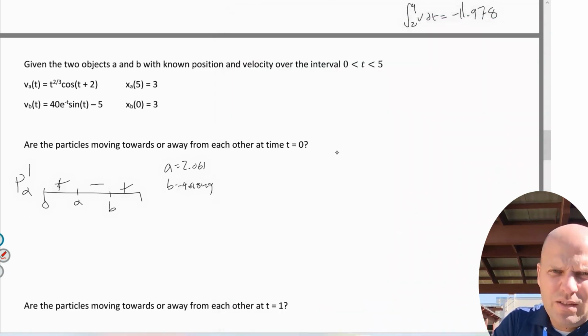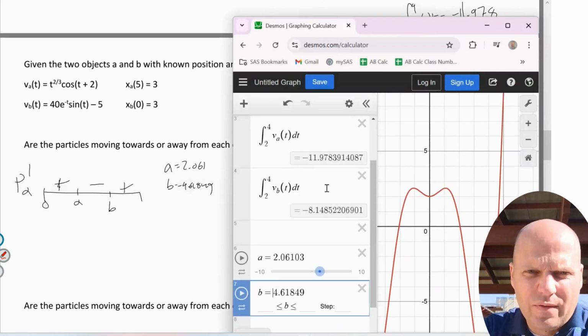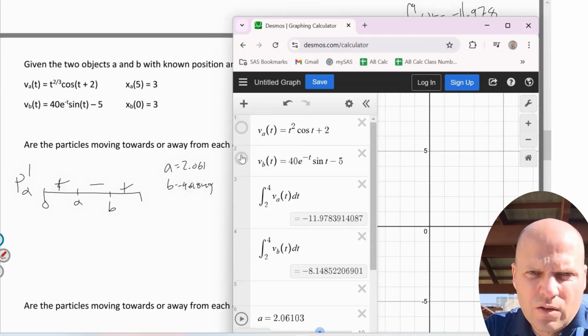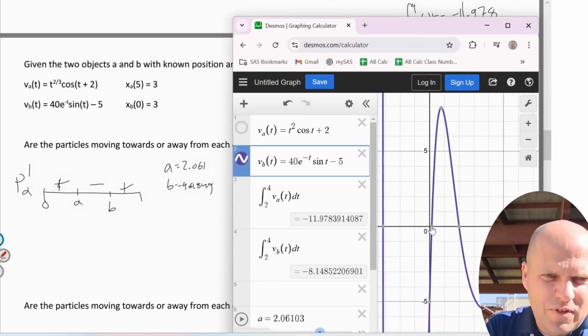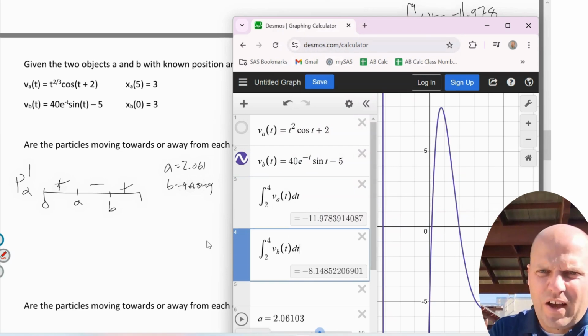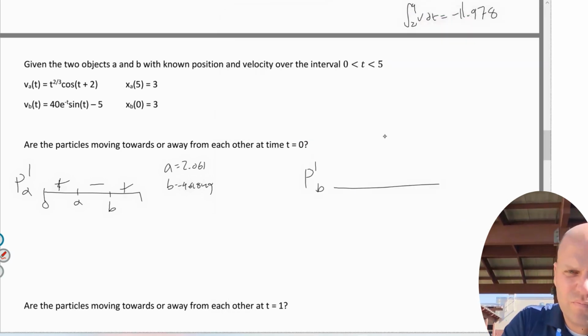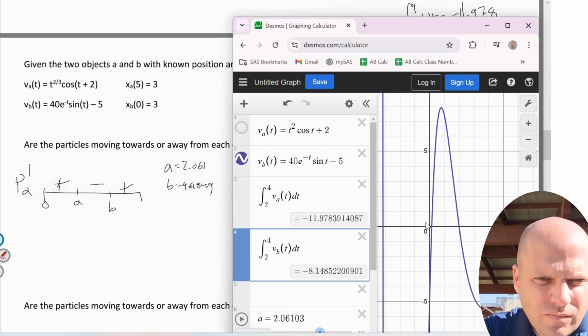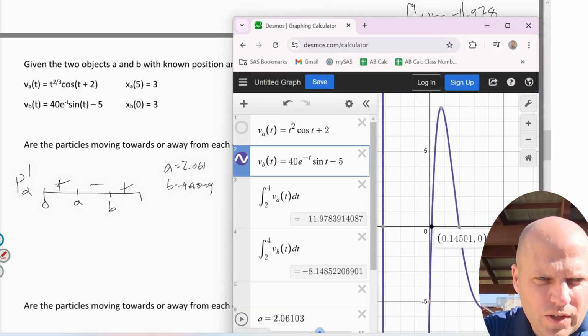The particle B, 0 to 5, is same deal. It's negative, positive, negative. So we got these values I'll call C and D. So let's store this as C. Let's store this as D.